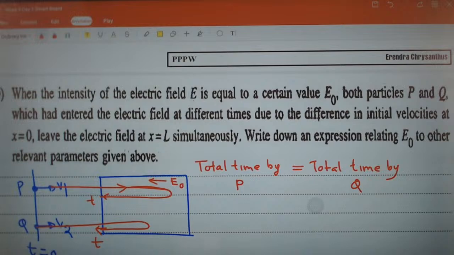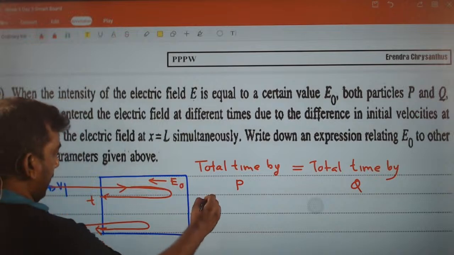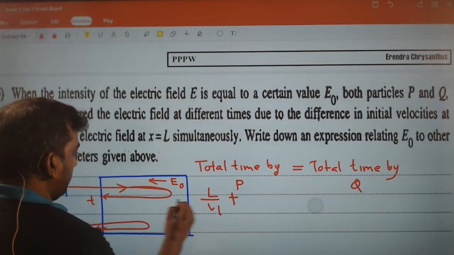Write down the expression for E naught. So the time by P outside is L divided by V1.